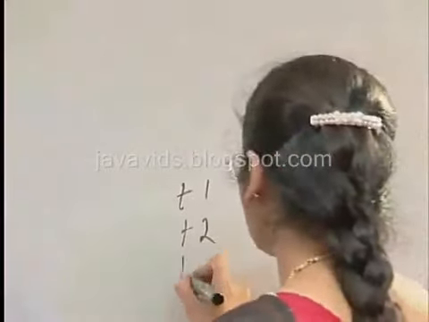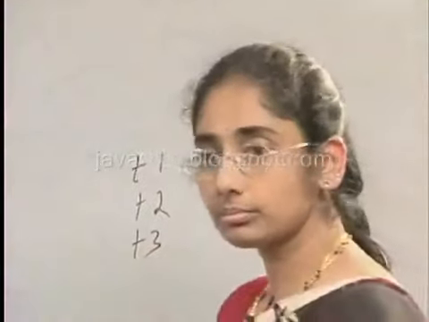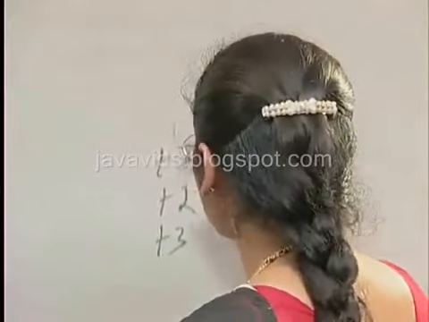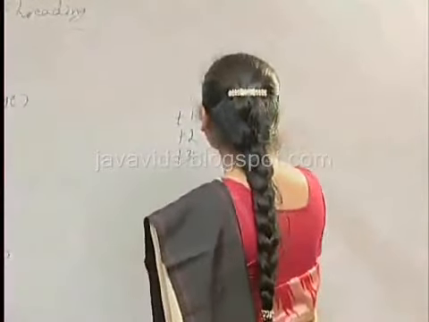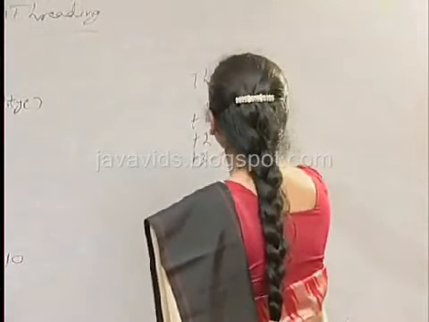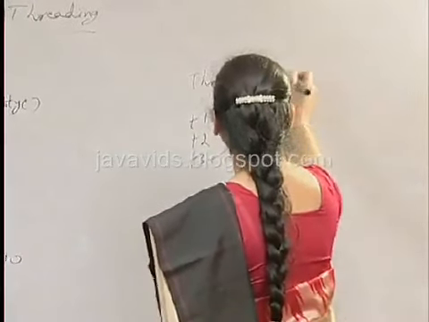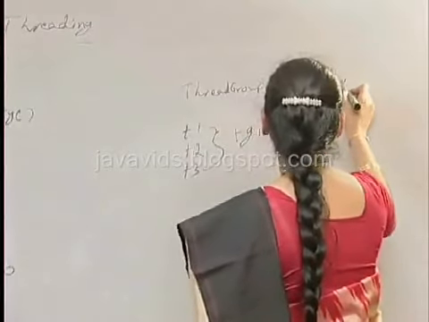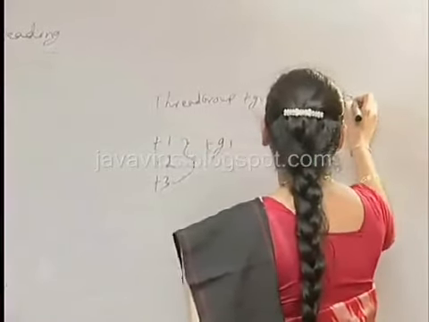Let's assume I have thread 1, thread 2, thread 3. And let's assume all these 3 threads belong to a group called TG1. I would have created ThreadGroup TG1 equal to new ThreadGroup.